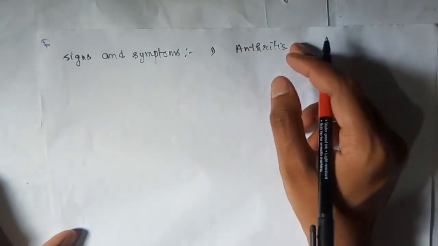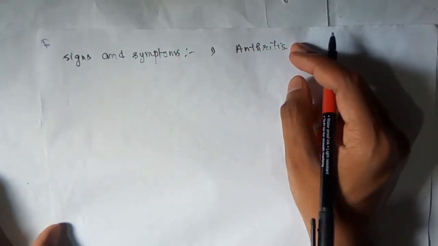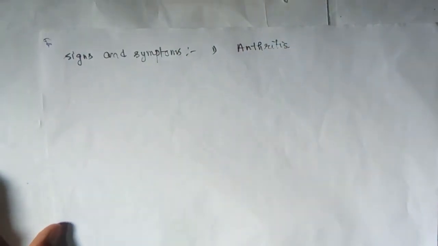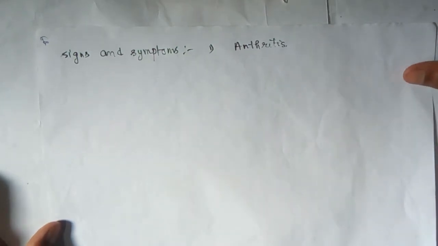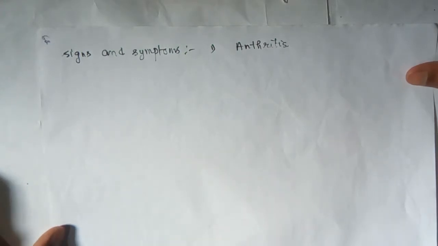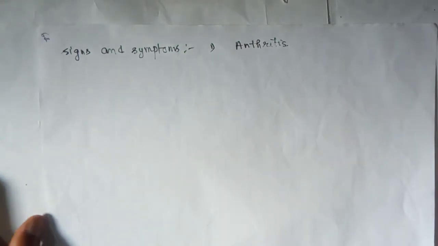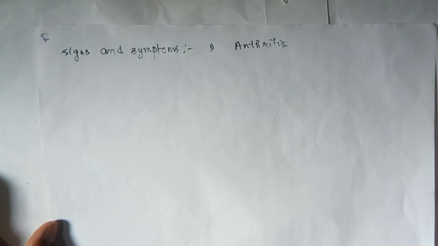In arthritis there will be red and swollen joints. Number two, the metatarsophalangeal joint at the base of the big toe is affected most often, accounting for about half of cases.